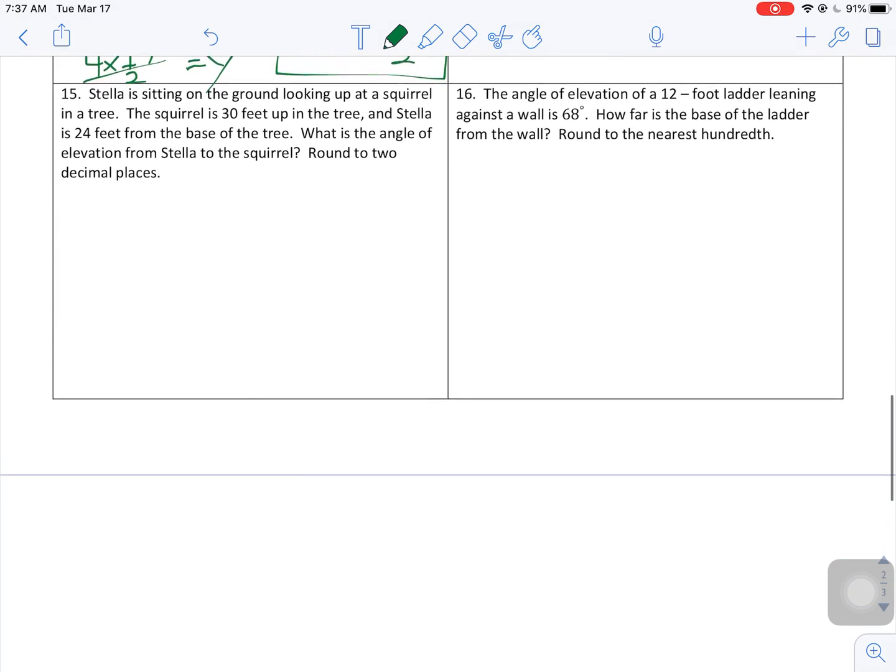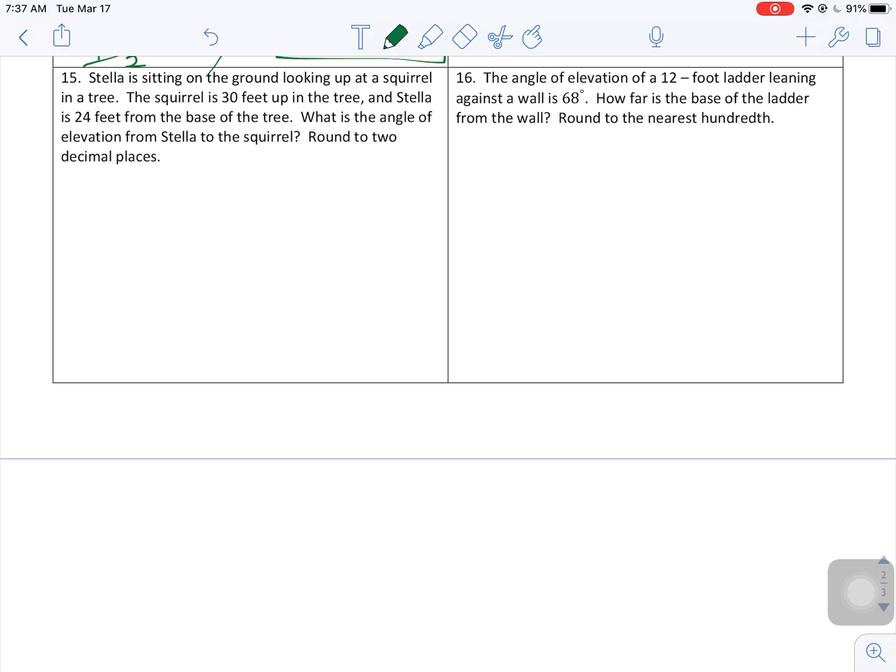And then last but not least, 15 looks like a trig word problem. So I'm going to draw myself a right triangle, and Stella is sitting on the ground looking up at a squirrel in a tree. The squirrel is 30 feet up in the tree, so 30 feet up in the tree.